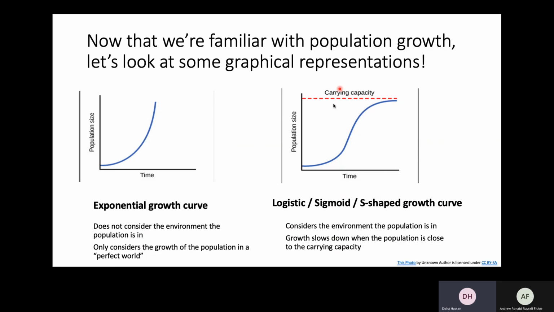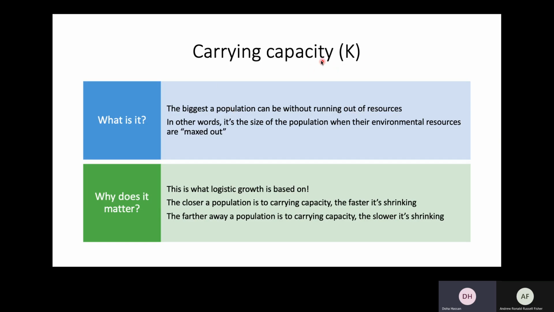Now, we'll talk a little bit about how we actually determine the carrying capacity, not in a specific way, but just some of the factors that go into thinking about it. Carrying capacity is also known by the variable capital K, and it is the largest a population can be without running out of resources to keep its members alive. In other words, it's the size of the population where their environmental resources are maxed out.